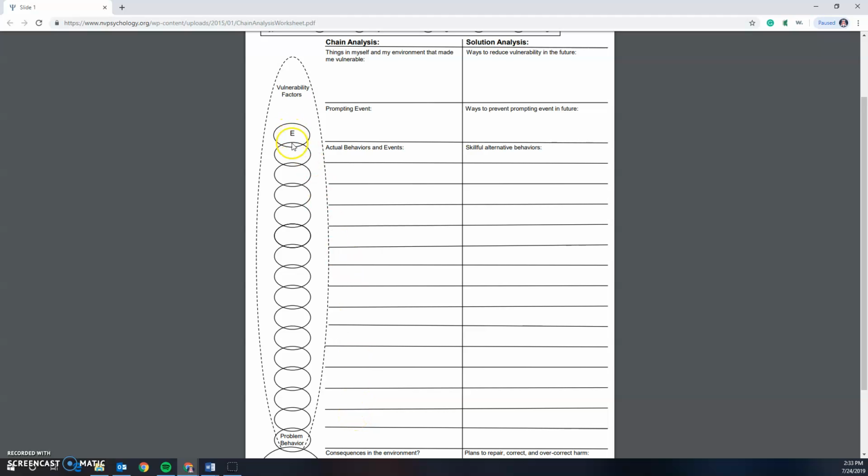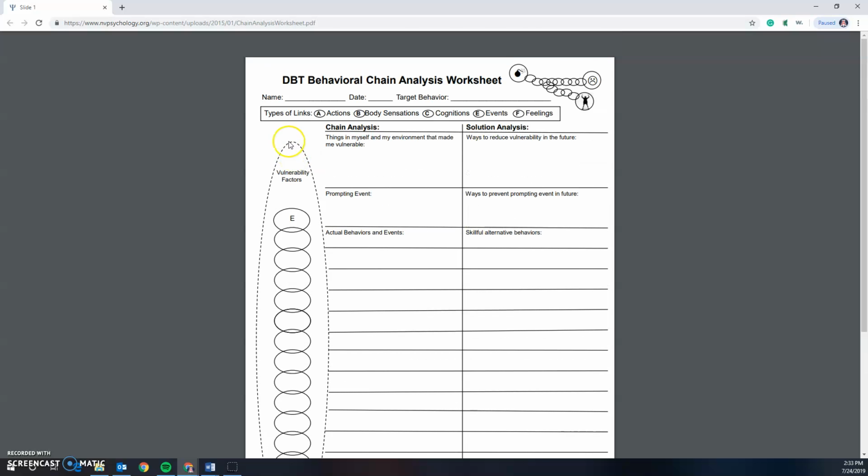Over here to the left of that are all these vulnerability factors, and this is where we get back to these types of links. So you can label all of these actual behaviors and events as actions, body sensations, cognitions, so things that you are thinking, events, and feelings.